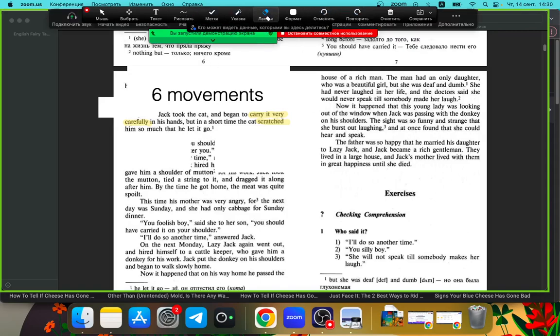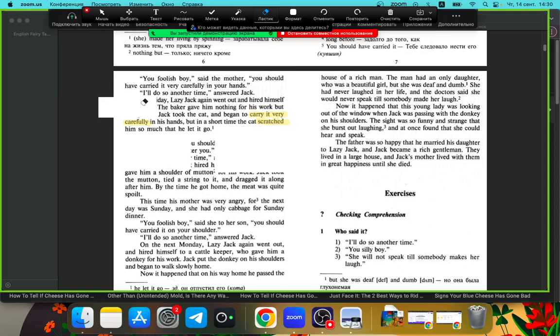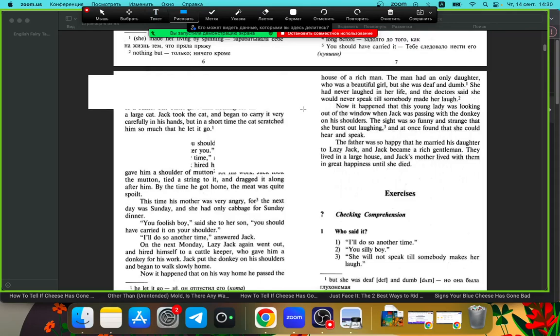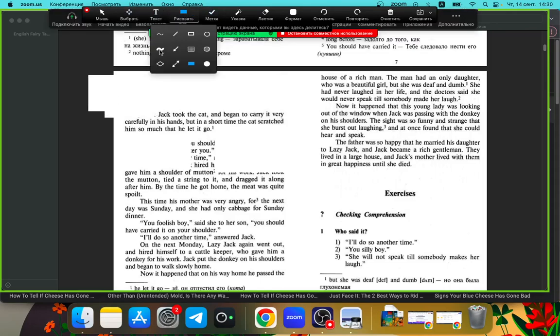Now, we take the same sentence. Let me show you which sentence we're going to take. The same sentence, but we're going to write it down in a storytelling part, okay? Because there is a wonderful expression, in a short time. It means very fast, yeah? In a short time, not in short.